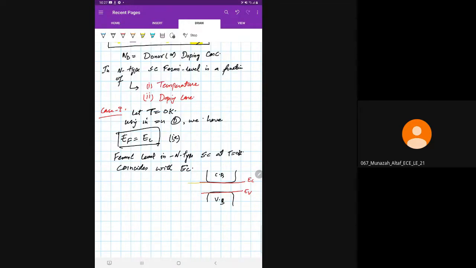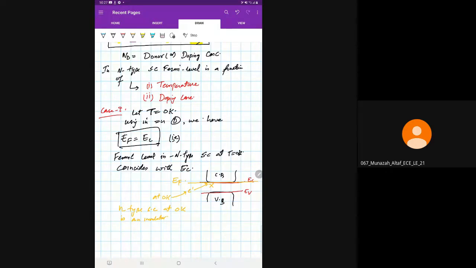So this yellow one is now EF. EF here coincides or overlaps with EC, but we know at 0 Kelvin there will be no electrons or free charge carriers in the conduction band. It means that the N-type semiconductor at 0 Kelvin is an insulator, because no charge carrier will be present.